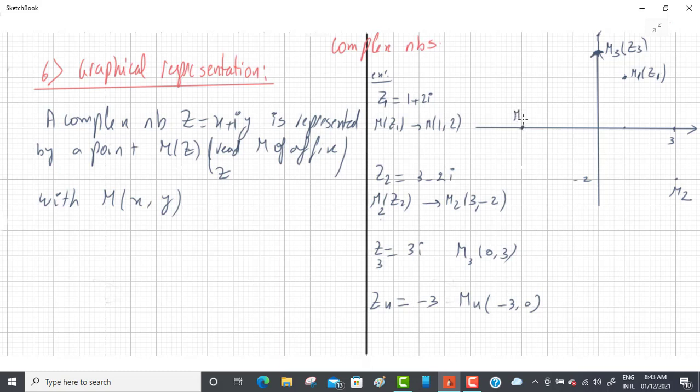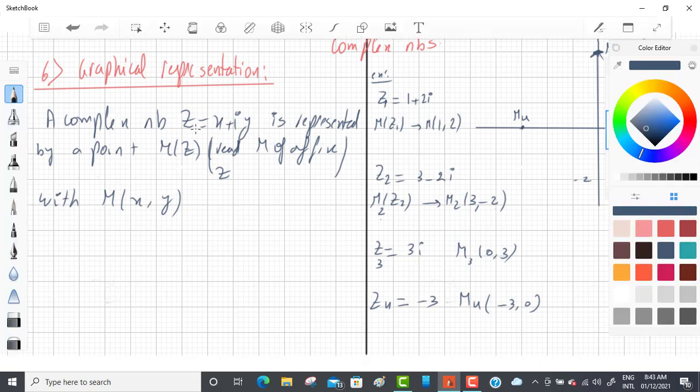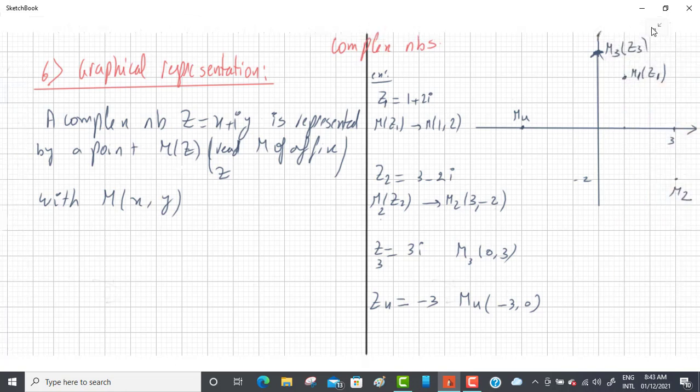This is the point M4, the graphical representation of the complex number z4. Still, we have properties about the graphical representation.